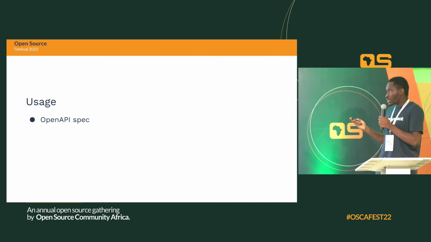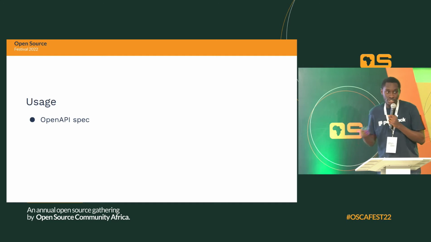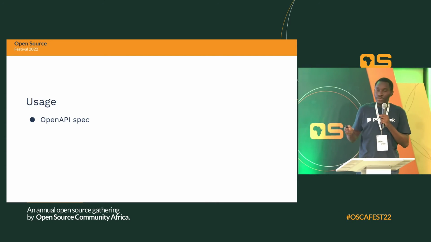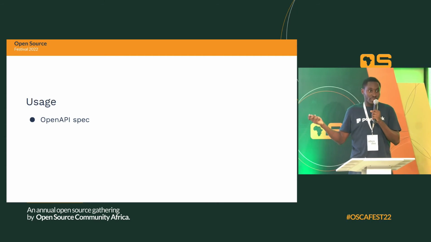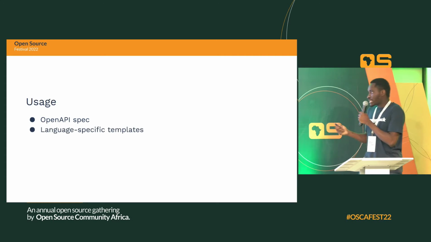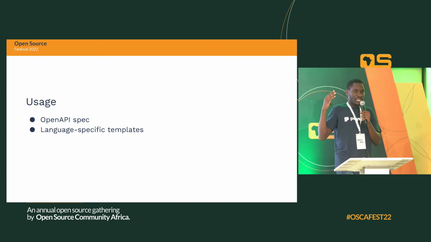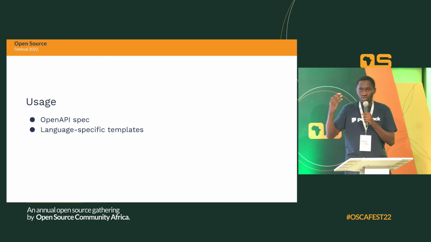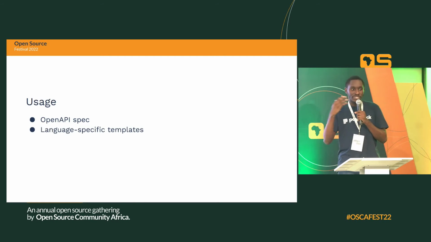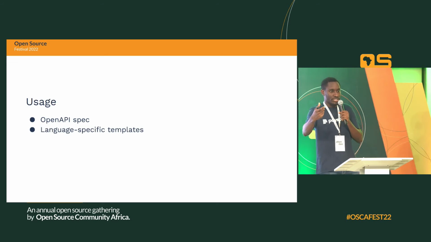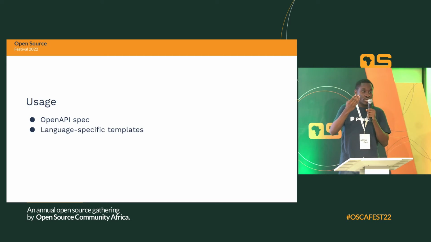So how do you use OpenAPI generator? One thing is you need your OpenAPI spec. Once you've generated your OpenAPI spec from your code base, or you can just write it out manually, you already have the first step to working with OpenAPI generator. The next thing is you need language-specific templates. For the backend engineers here, you realize that most of the things you do on your API are more or less repetitive. If you're going to create a post endpoint, it will have a request body, which is like the models of what it's going to take in.